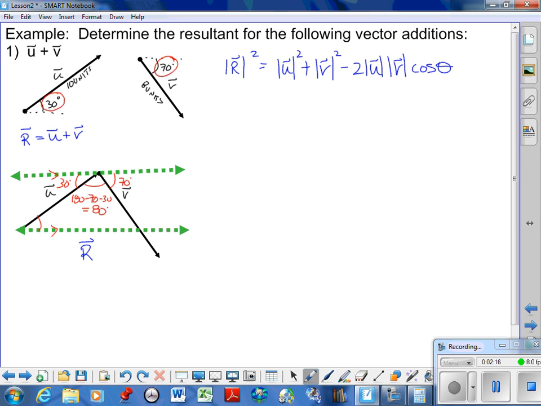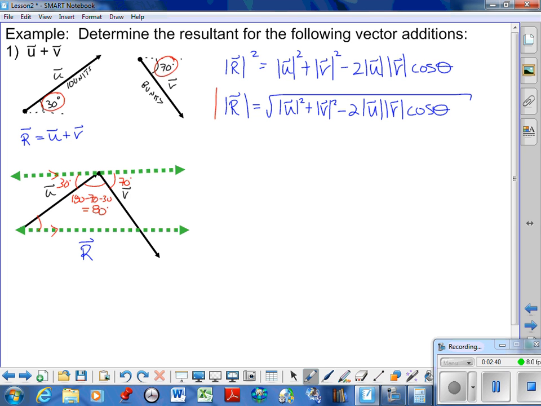Remember, it's a squared plus b squared minus 2ab cos C. Well, now we're doing lengths of vectors. This is actually the formula I do prefer. So you may want to put this on your cheat sheet. It just saves some steps. It's just the cosine law solved for the unknown side length. So there you go. That should definitely make it on the cheat sheet.